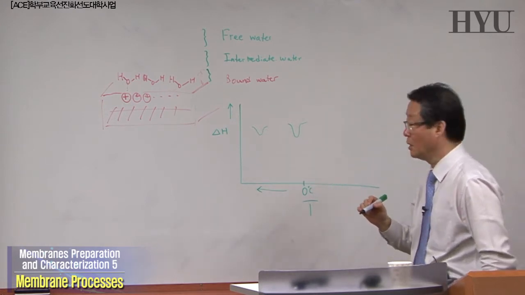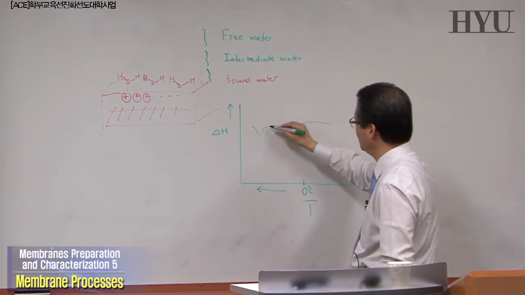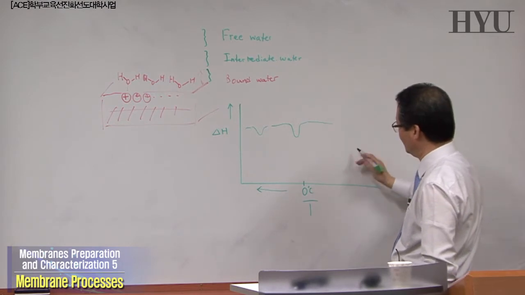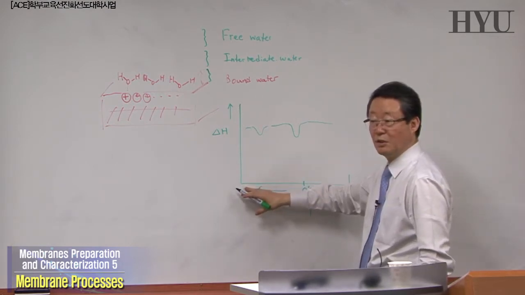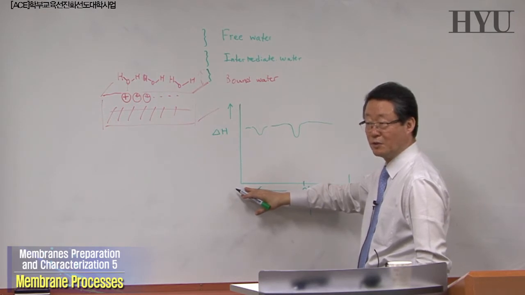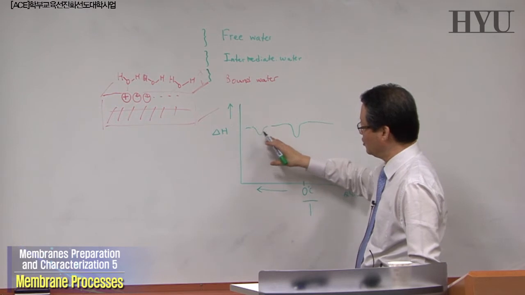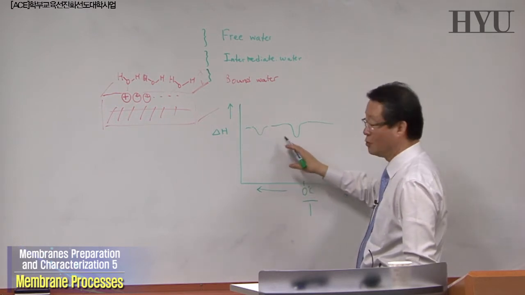Another peak, okay? So, for a swollen polymer material, by decreasing the temperature from room temperature down to minus 100 degrees C, you can detect some enthalpy changes of your peak, and that is usually due to the water.